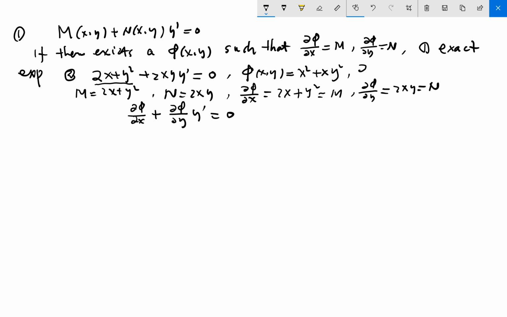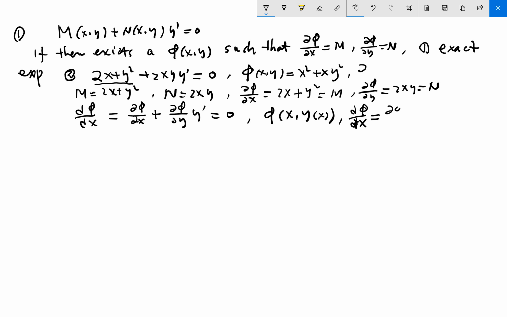Alright, so this one can be written as d phi dx. The reason for that is that my phi here depends on x and y, and the y here really is a function of x. So phi really depends only on x. So use the chain rule from Cal 3.